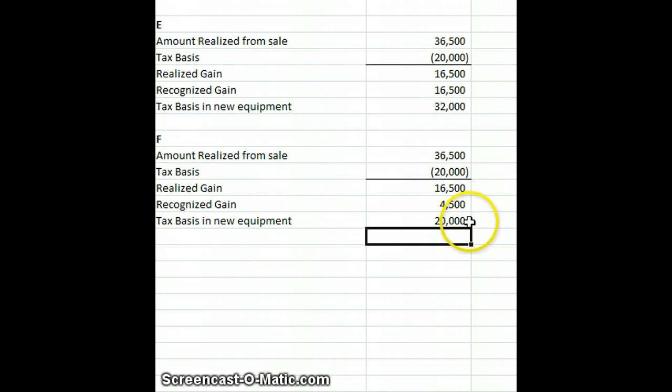The $4,500 has to be recognized because it was a cash exchange on that part. When the cash changes hands like that, we have to recognize that gain. So that's how we handle different items for taxable versus non-taxable exchanges where boot is involved.